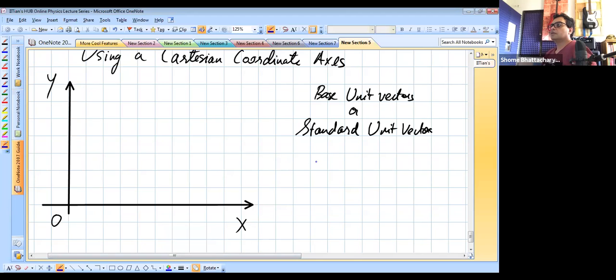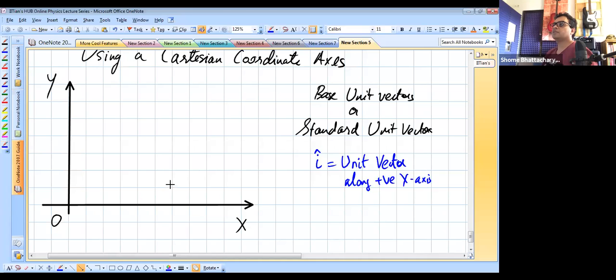I cap is the standard symbol that we use. Remember what a unit vector was, it's a vector of magnitude 1. But I cap is a special unit vector. It has a specific direction, and that is, it is along the positive x-axis. So it's a unit vector that points along the positive x-axis.